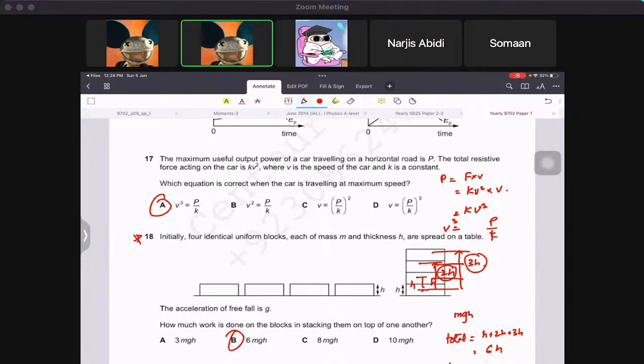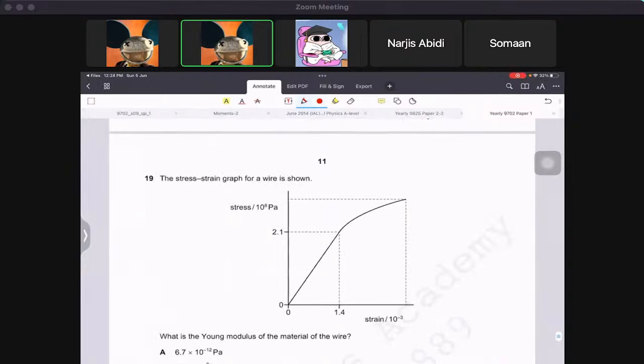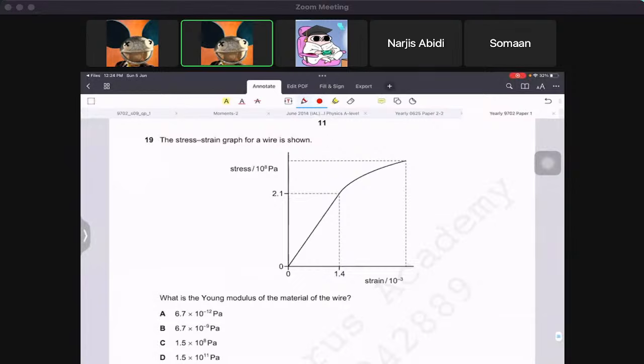Okay, now the stress and strain graph of a wire is shown. What is the Young modulus of the material of the wire? So you have to find this point. So stress over strain. Stress is 2.1 times 10 raised to 8 and strain is 1.4 times 10 raised to minus 3.